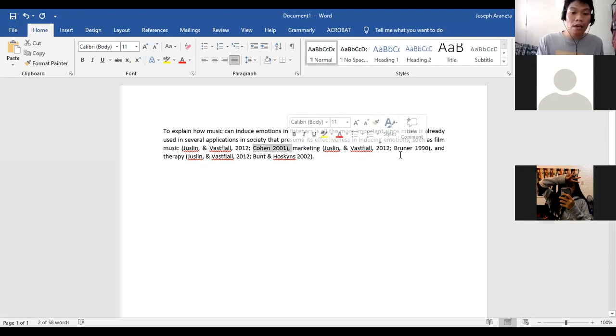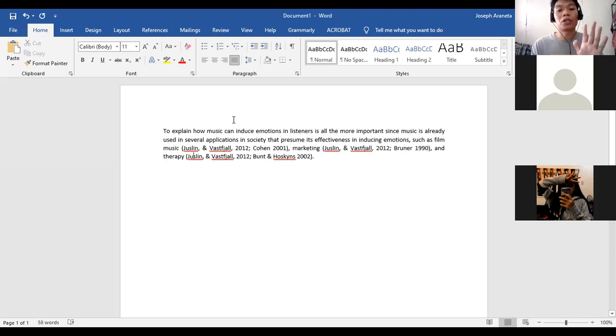Kini si Cohen, Brunner, and Bont and Hoskins because your primary source kini nga authors. So, meaning na-update ni sila na related literature even though nasulat siya tong 2001, 2002, 1990. So, okay lang na siya even though nilapas siya, na siya sa 10 years.